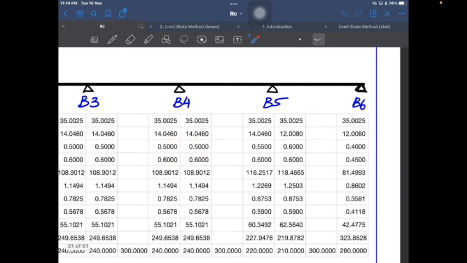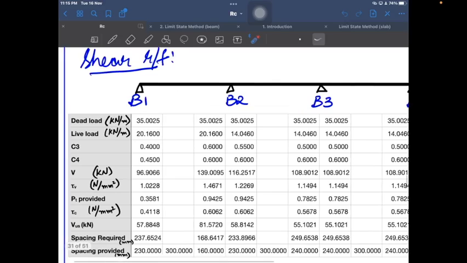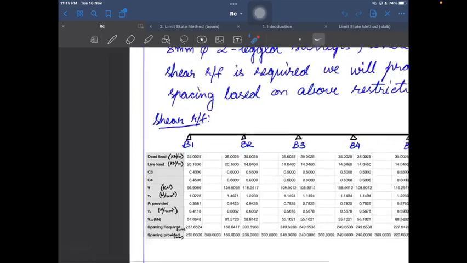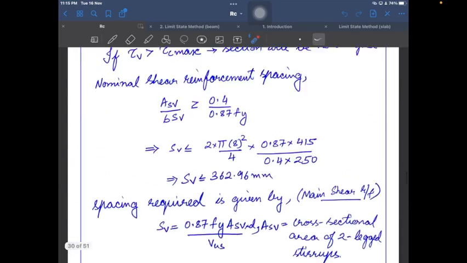We have got these coefficients from the table which I have mentioned here.